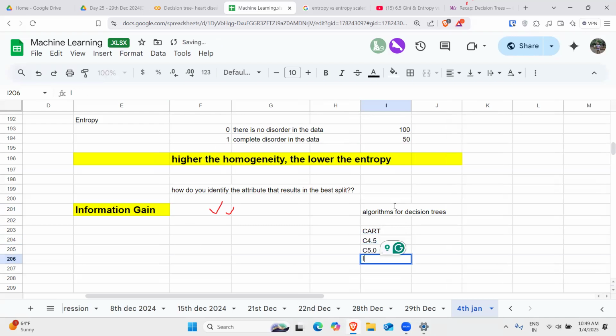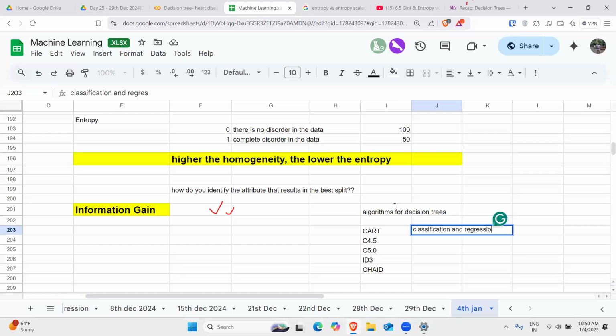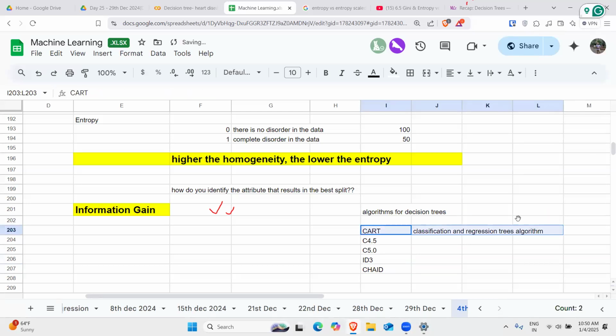C5.0, ID3, and we have CHAID. The first is the only one widely used, and you will be using it throughout your course and industry. That is CART, the classification and regression trees algorithm. But we still have C4.5, C5.0, ID3, and CHAID.